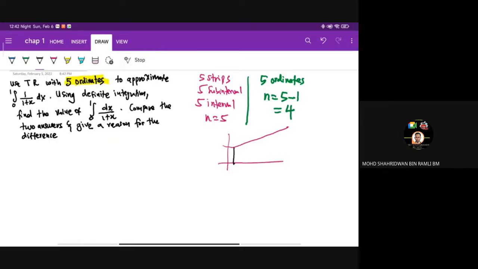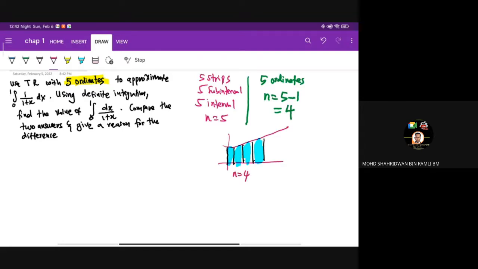So this is the first trapezium, second, third, and fourth trapezium. So that's why your n is equal to 4.